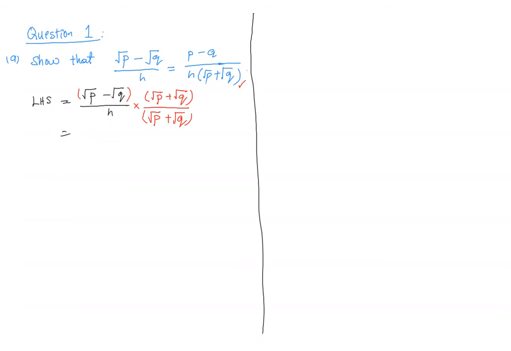No. Why not? Evika, if I times square root of P plus square root of Q over square root of P plus square root of Q, I didn't change the value of the fraction. Why?